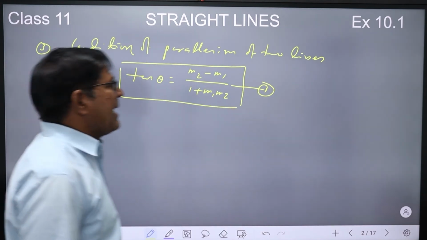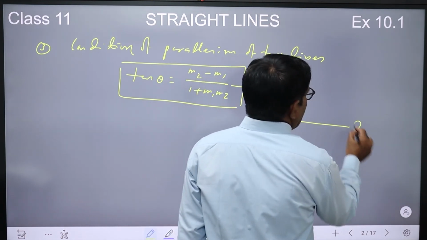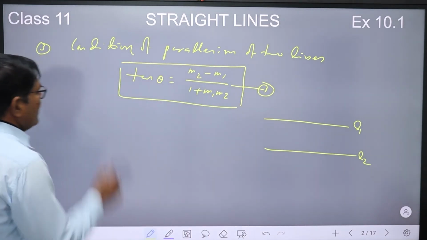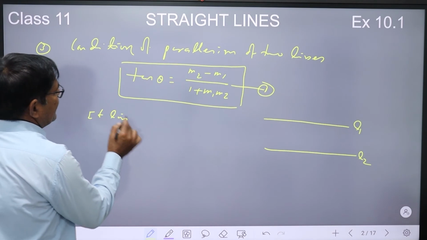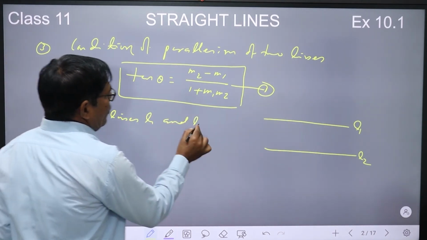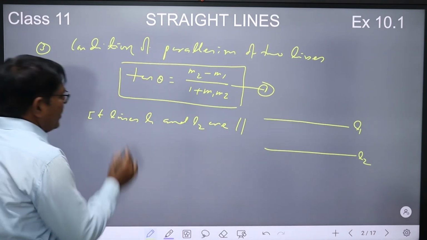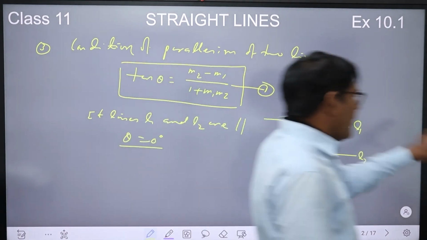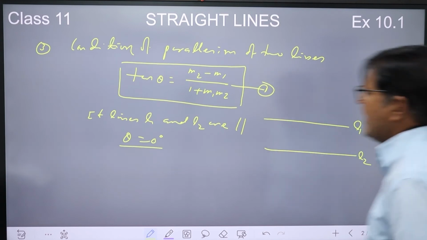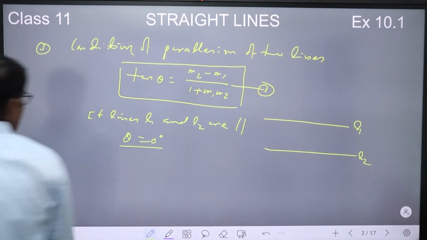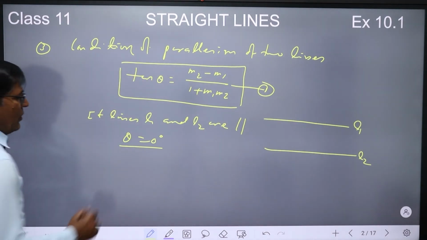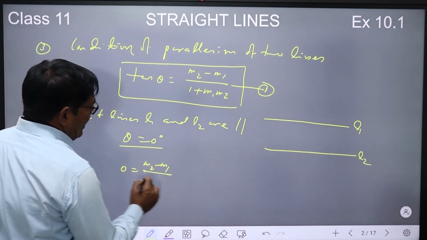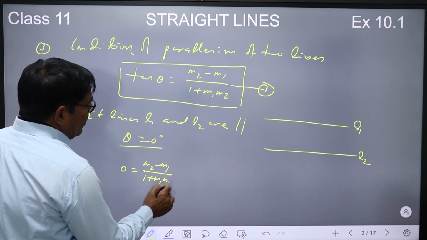If the lines are parallel, let us suppose this is line L1 and this is line L2, if both the lines are parallel, then theta will be equal to 0 degrees, because if the lines are parallel, then on producing them to infinity they will never intersect each other. Now if theta is 0, then tan 0 will be equal to 0, so 0 will be equal to m2 minus m1 upon 1 plus m1 into m2.